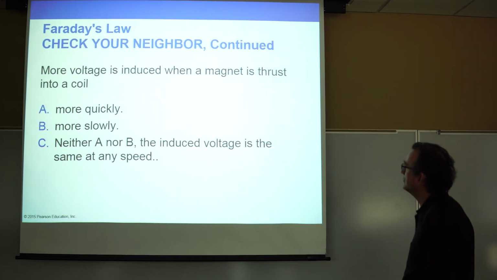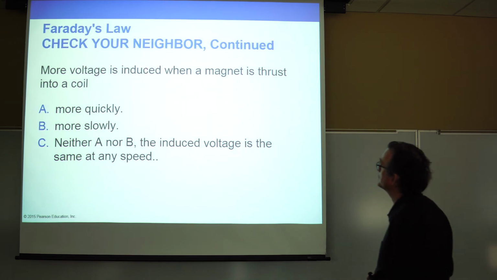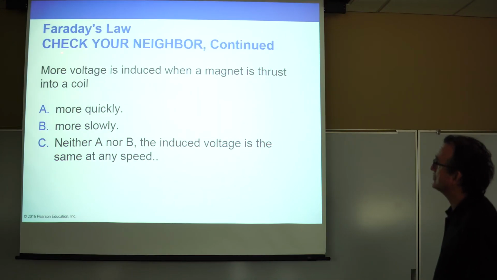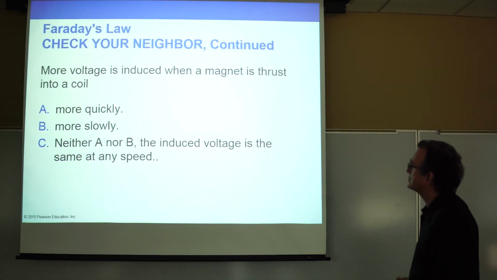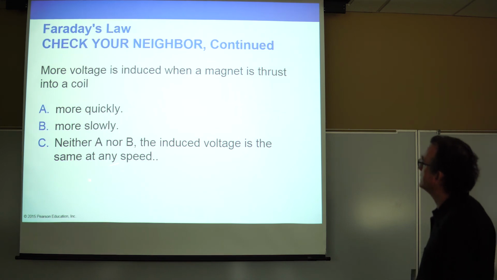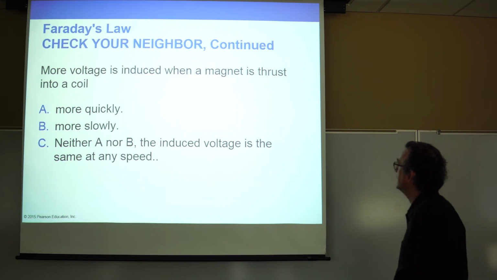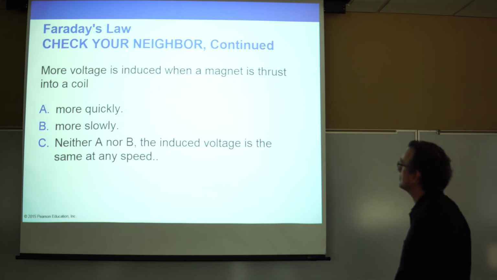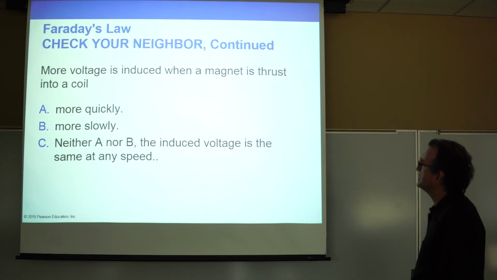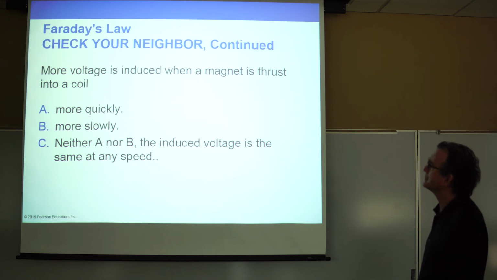Self-check question for you. More voltage is induced when a magnet is thrust into a coil quickly, slowly, or does not depend on how quickly a magnet is thrust into a coil. Well, we've had a lot of discussion about that today, so hopefully you're able to choose the right answer.